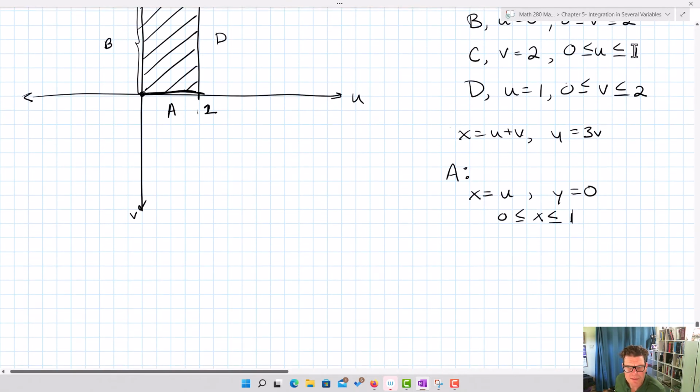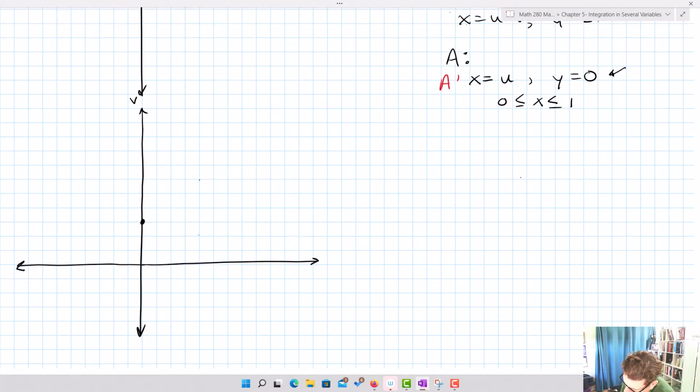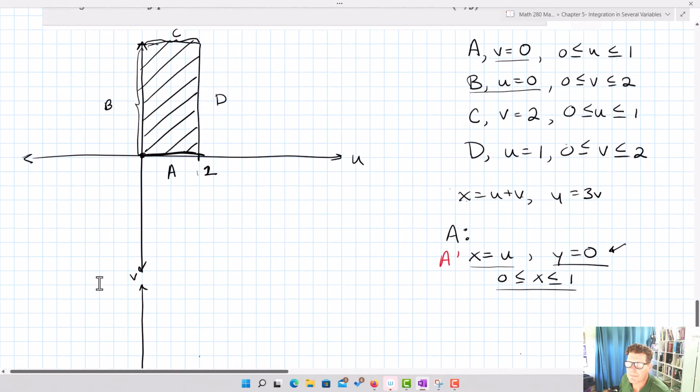I'll draw that in. I'm on Y equals 0, on the x-axis, going from 0 to 1. This is going to be our A prime, because we get Y equals 0, X equals some U, and X goes from 0 to 1.